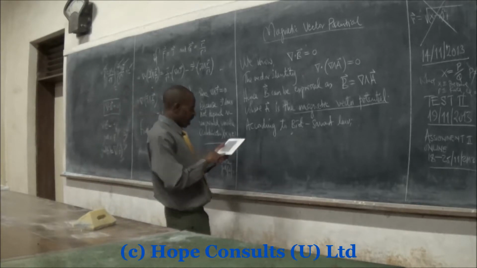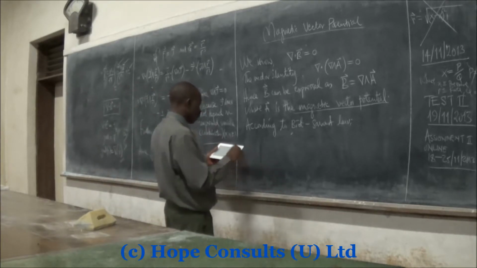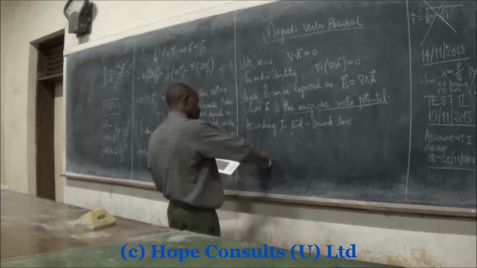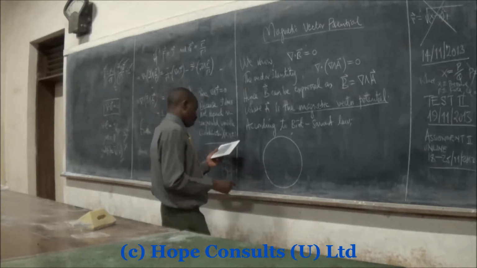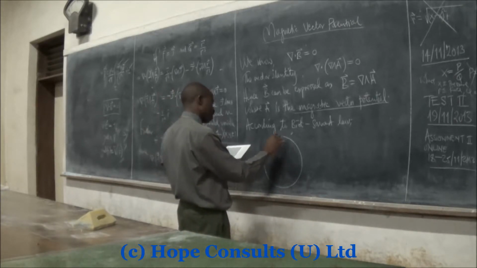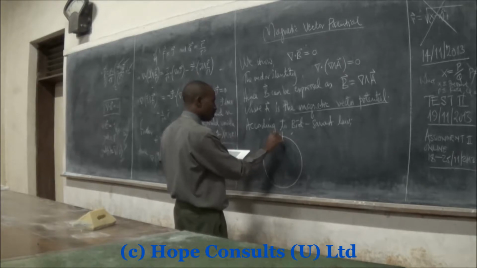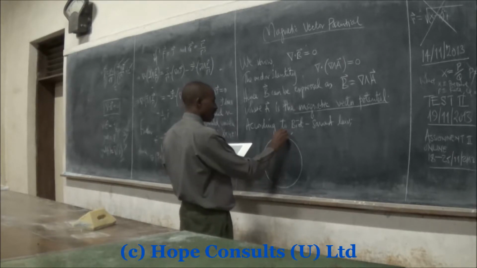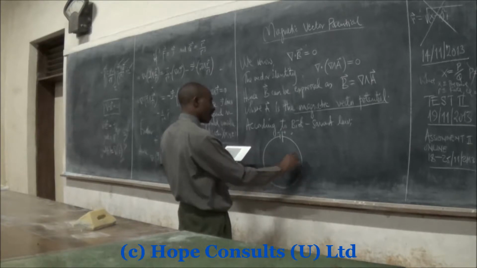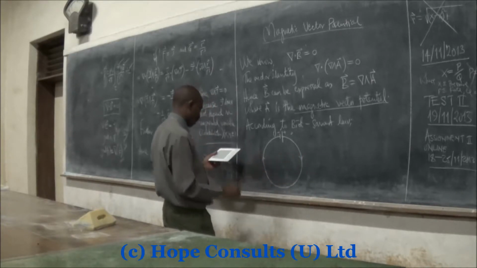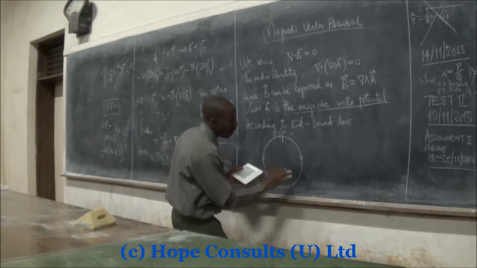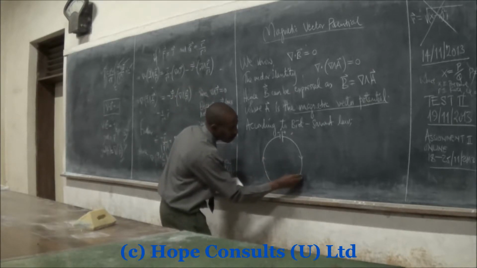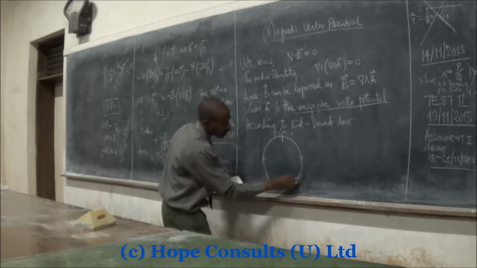So according to Biot-Savart, we have our circuit, and our circuit has a supply of current from a battery, plus, minus, with our current moving in this direction. If we took an element on this circuit, around this place here, you can shade it like that.